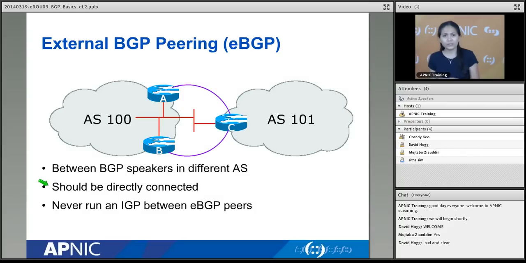These are different networks, and therefore your customer network must be separate from your internal network. It's running a different autonomous system, right? It's basically a separate network, and you can even have different policies between them. So never run an IGP between eBGP peers.